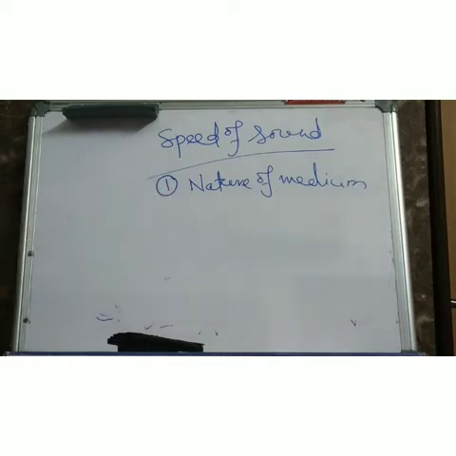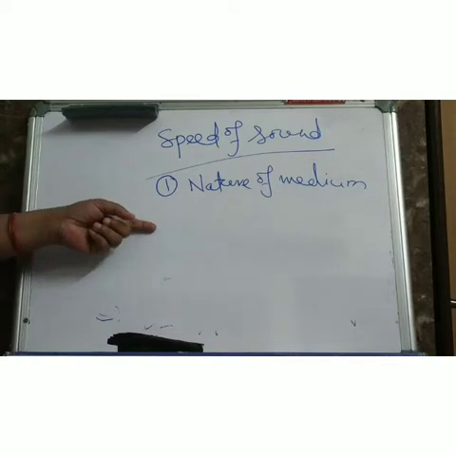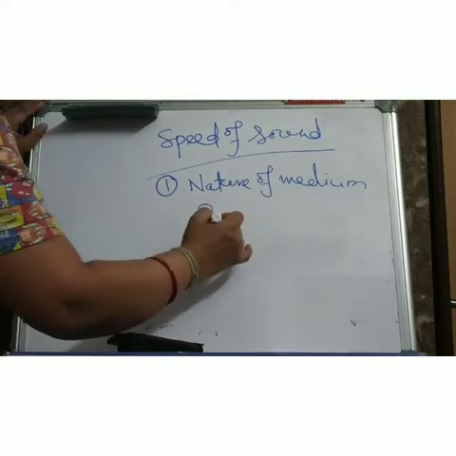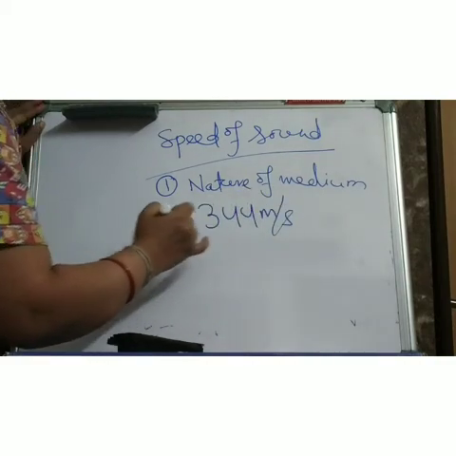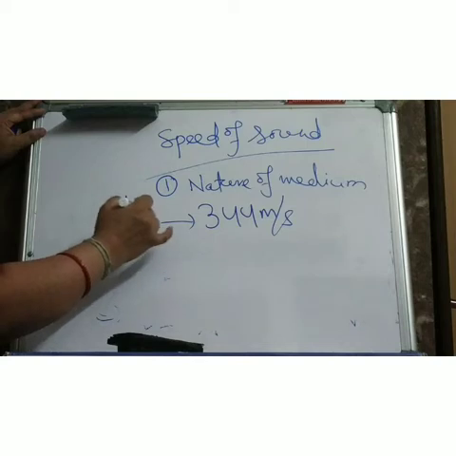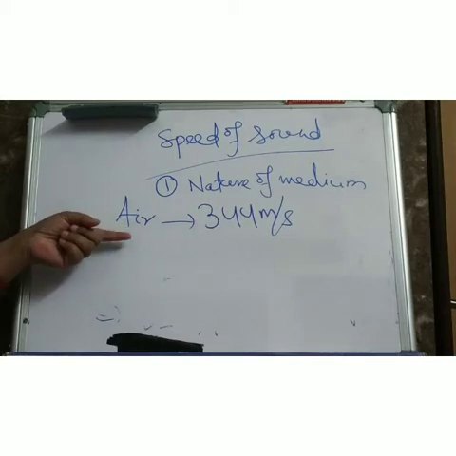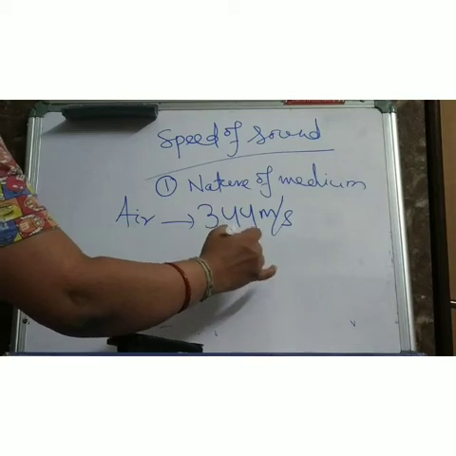So at room temperature, the speed in air is equal to 344 meter per second. It is in the case of air. And the speed of the sound in water will be 1500 meter per second.